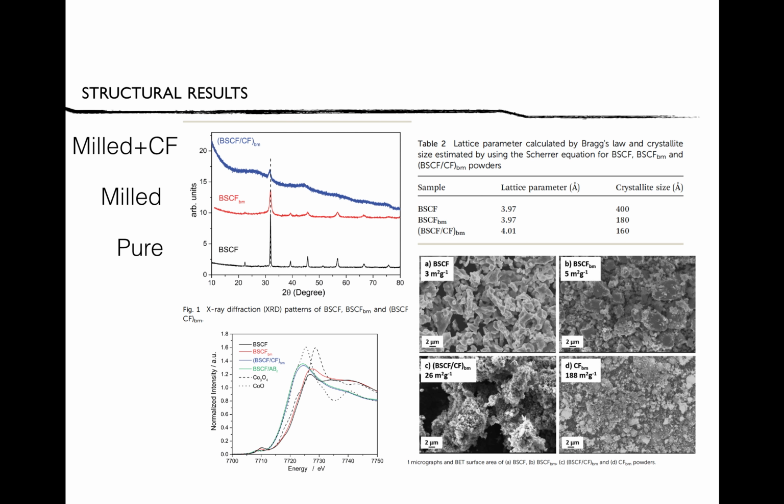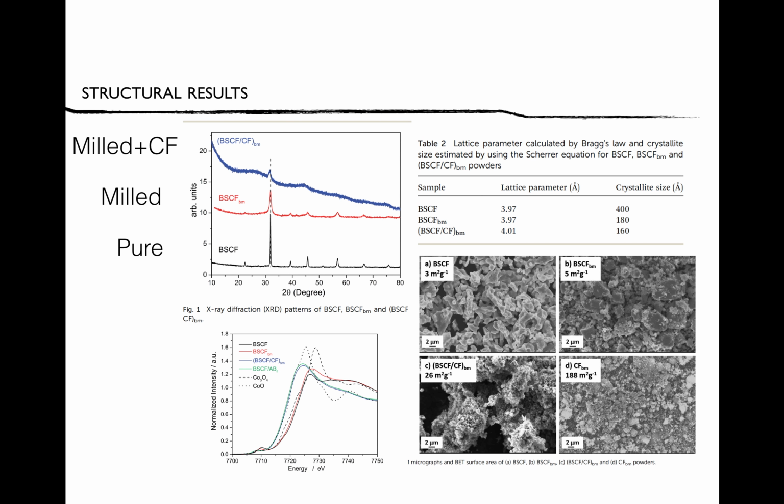But when we look at the BSCF-CF ball milled sample, which is mixed with carbon fibers, we see that there's definitely a difference in the pattern, number one. Number two, there's a higher level of noise. Number three, the peak is slightly shifted. So these three indicate a structural change, a chemical change.